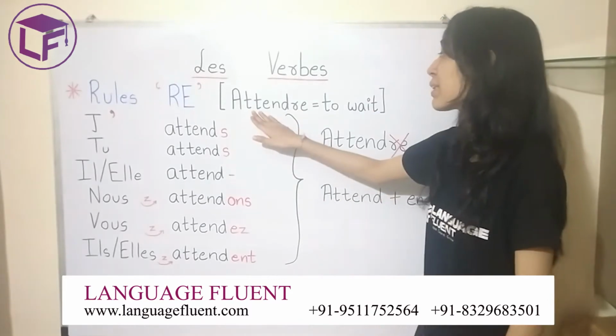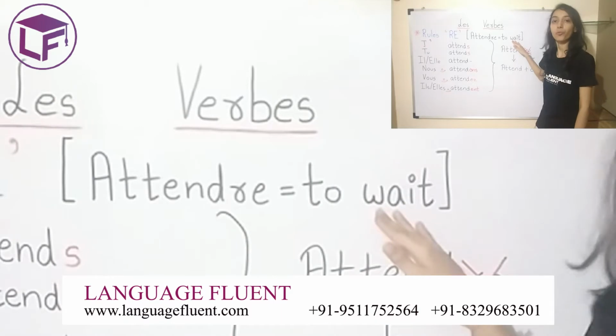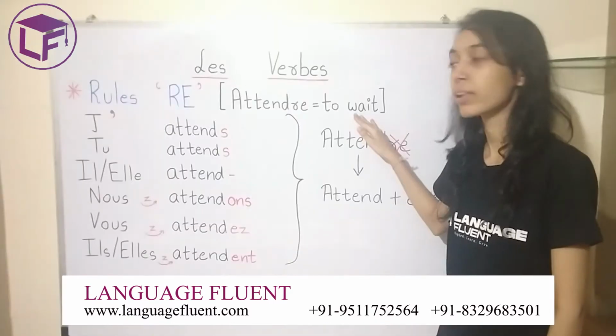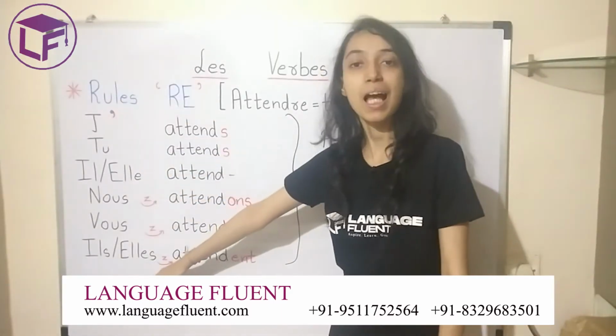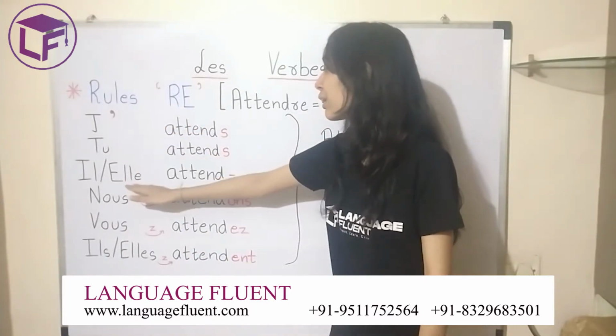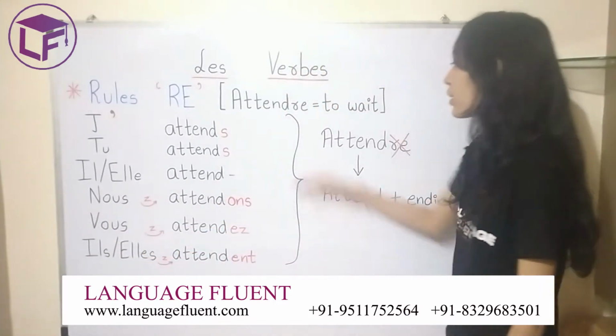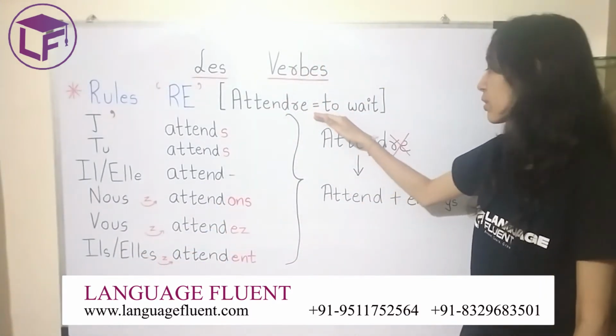So the verb is attendre, attendre, which is to wait, to wait. We write subject pronouns as it is. Subject pronouns are je, tu, il, elle, nous, vous, ils, elles. Now take the verb attendre as it is.